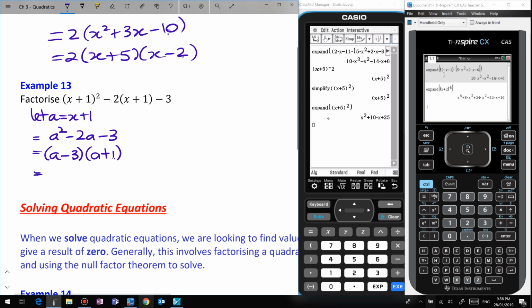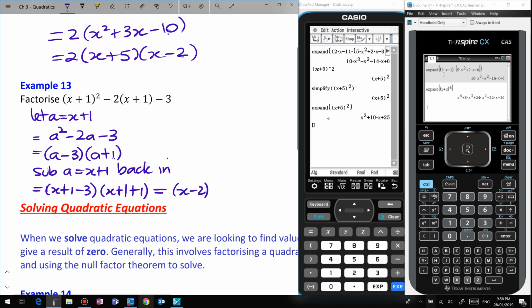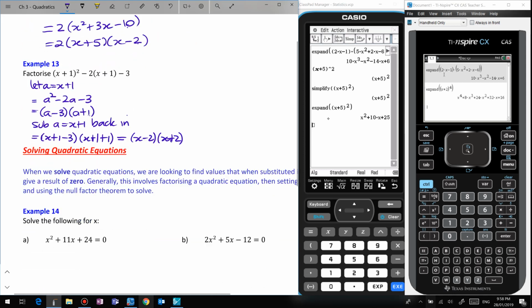Then we can sub a equals x plus 1 back in, so we get x plus 1 minus 3, x plus 1 plus 1. x plus 1 minus 3 is x minus 2, x plus 1 plus 1 is x plus 2. So that's it factorized.